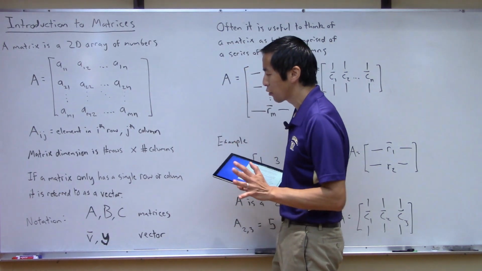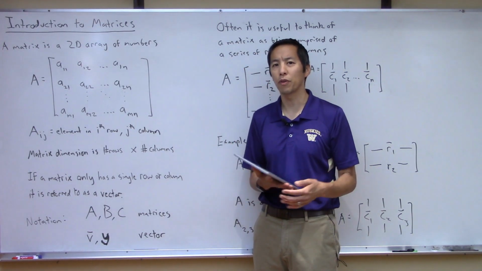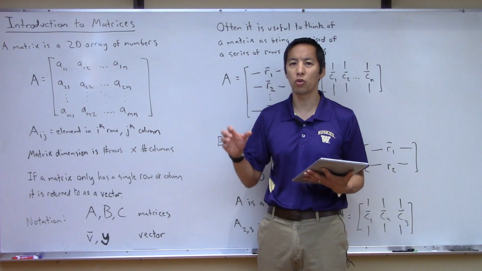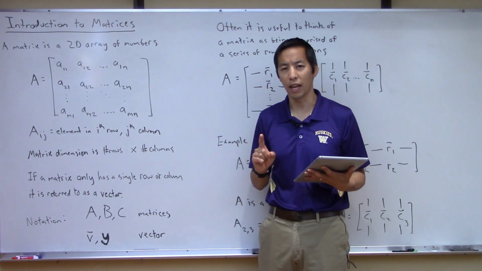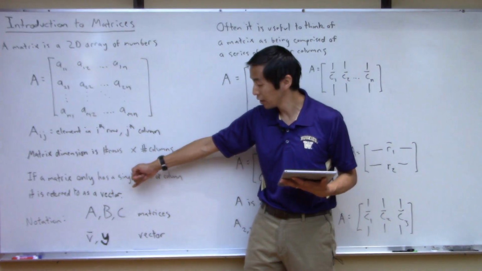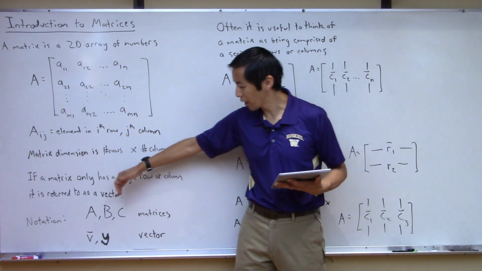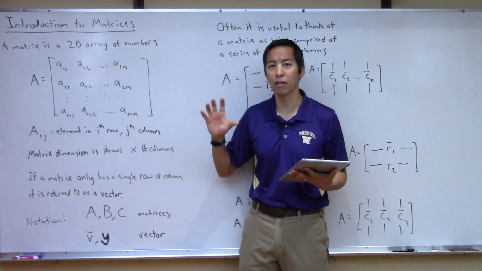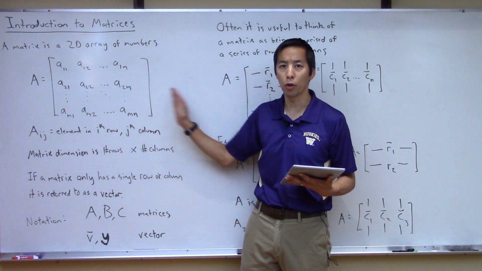From a notation perspective, you'll see a lot of textbooks and references make a slight distinction between a full 2D matrix and a vector. Usually capital letters are used to refer to matrices. So capital A, capital B, capital C is a matrix that has multiple rows and multiple columns.